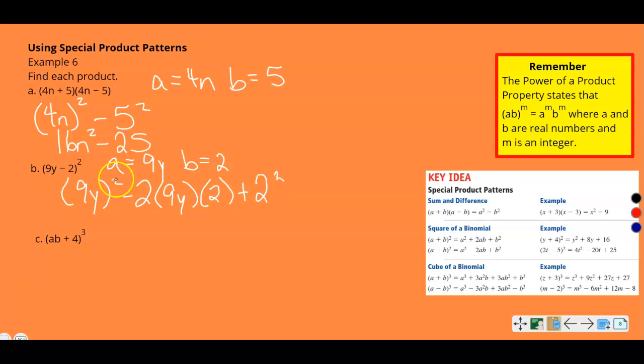All right, so we're going to have 81y squared, negative 2 times 2 would be negative 4, and then times 9 would be negative 36y in the middle, and then 2 squared would be 4 on the end.